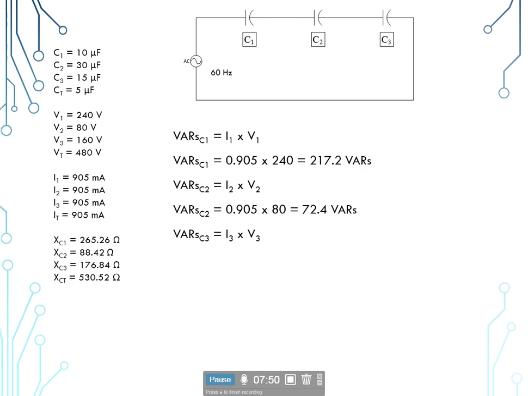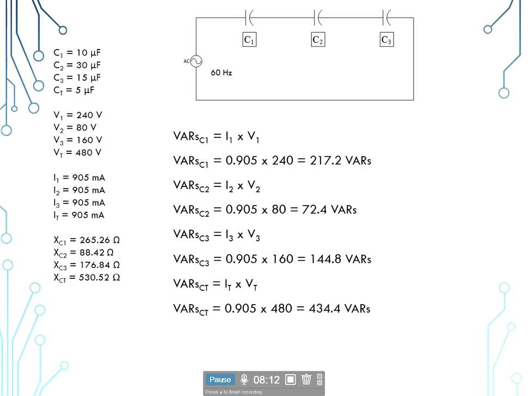And VAR sub C3 is equal to I sub 3 times V sub 3, so that same 905 milliamps times the 160 volt drop will give us 144.8 VARs. And our total VAR sub CT would be equal to I sub T times V sub T, so the 905 milliamps times 480 total voltage, giving us 434.4 VARs.